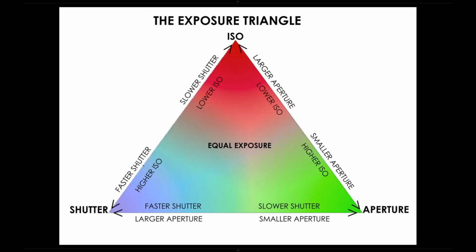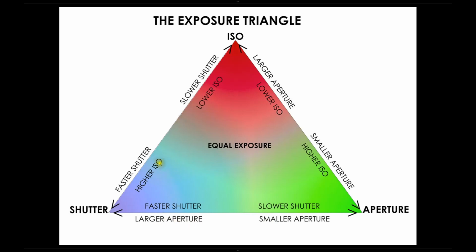Or looking at it a slightly different way, for any given equal amount of exposure, if we want to change the shutter speed, for instance, if we want a slower shutter speed, we're going to need a smaller aperture if we don't change the ISO. Or if we want to use a faster shutter speed, we will need a larger aperture to compensate.